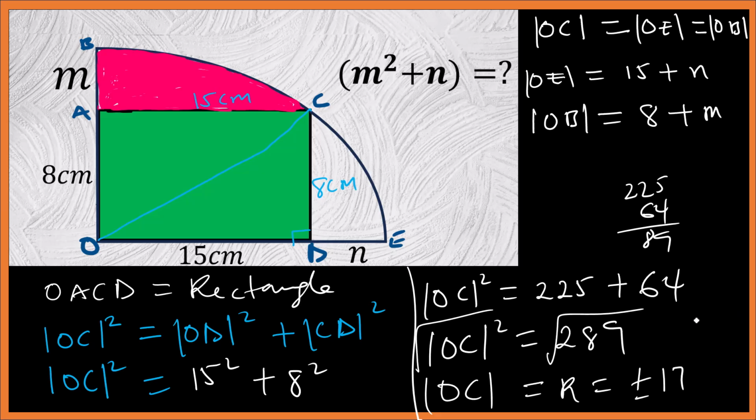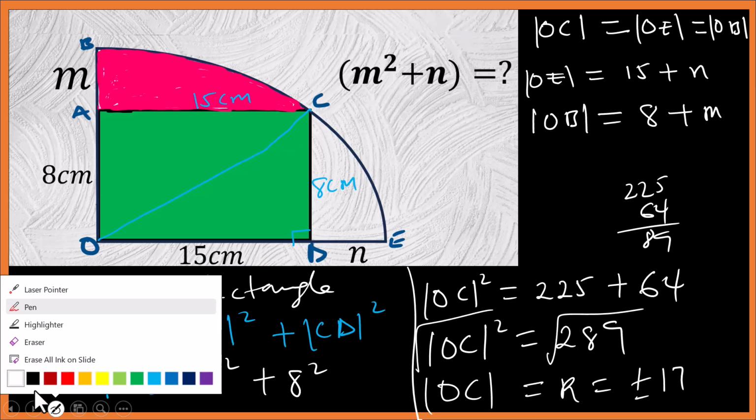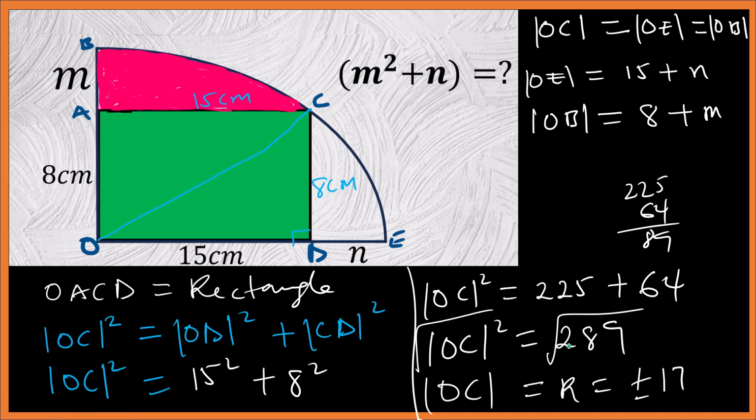And since length cannot be negative, the radius is a length, it cannot be negative, therefore we ignore the negative side. So my radius R is 17.